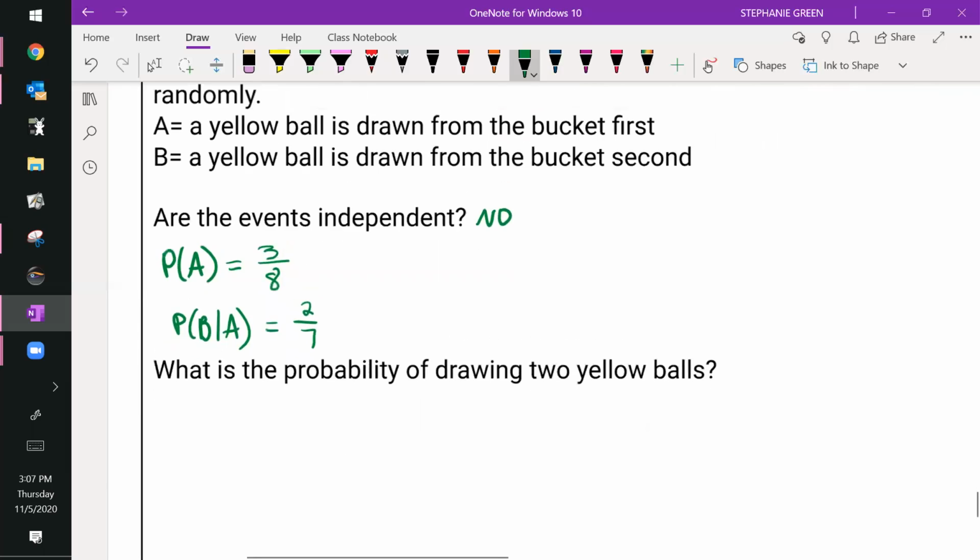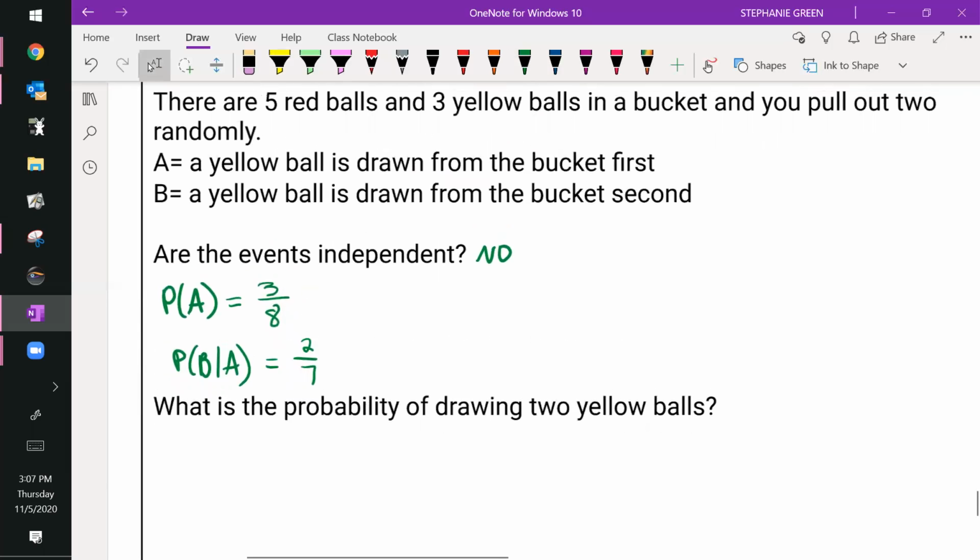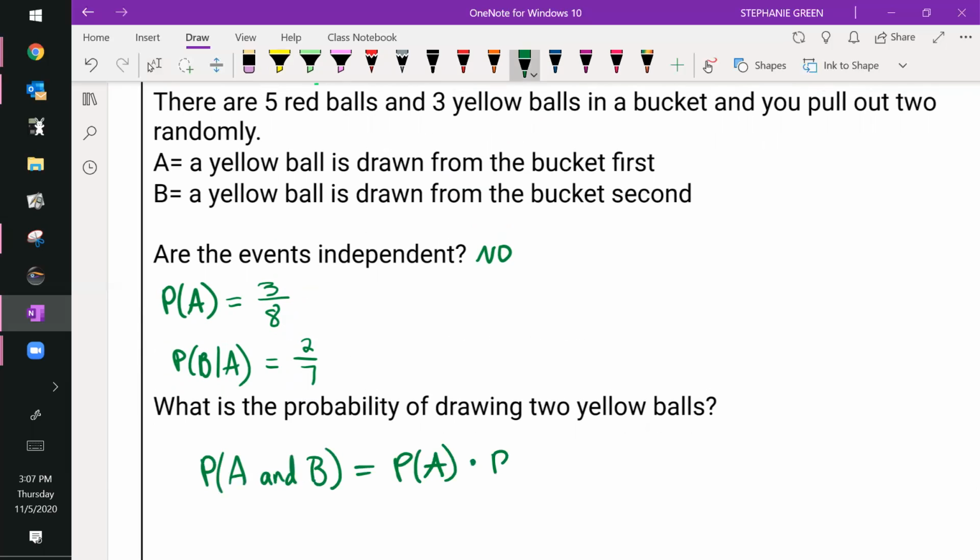So now we're asked, what is the probability of drawing 2 yellow balls? To find it, I'm just going to multiply those other 2 probabilities together. The probability of A and B is going to be the probability of drawing 1 yellow ball times the probability of drawing a second yellow ball, given that we've already taken 1 out.